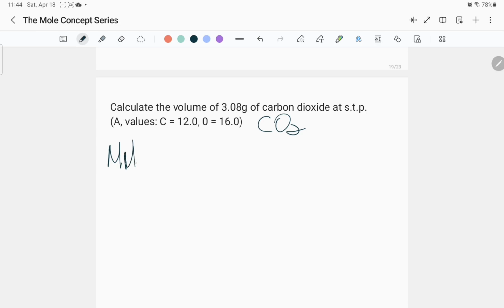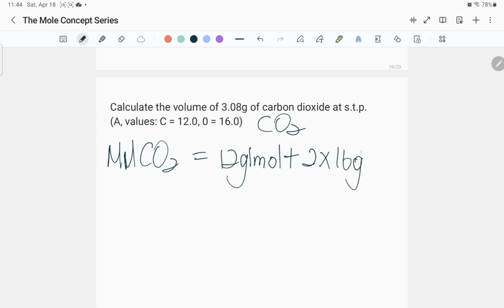So the molar mass of carbon dioxide will equal 12 grams per mole plus and that will give you 44 grams per mole.